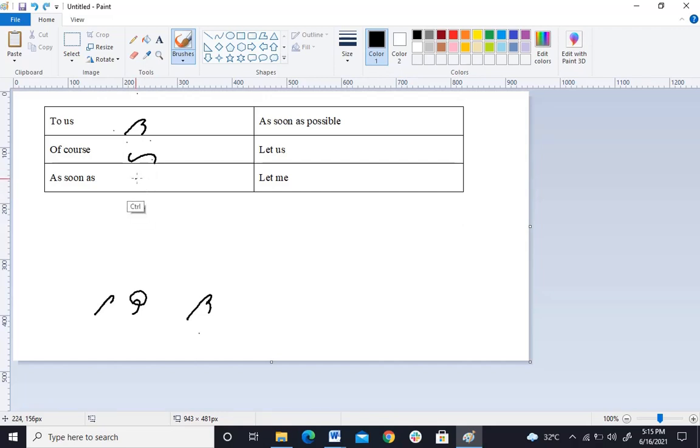So, ulitin natin. We have as soon as. Okay, so A, S, N, A, S lamang. Next, as soon as possible. Ito yung isa sa mga favorite na strokes ng aming instructor dati. As soon as possible. So, A, S, N, S, P. As soon as possible. Next, let us.